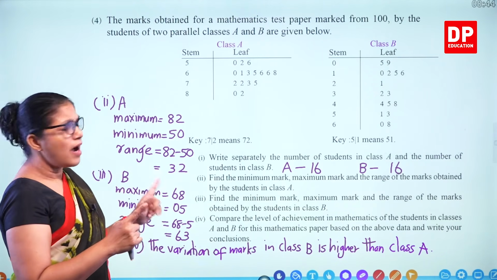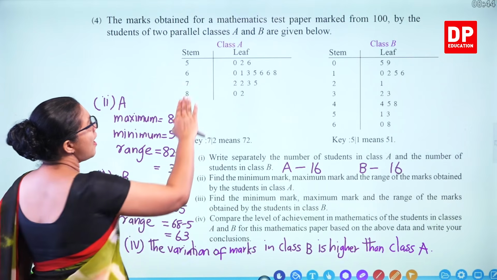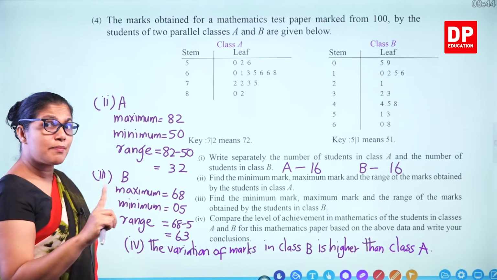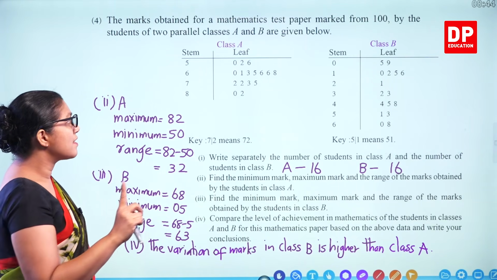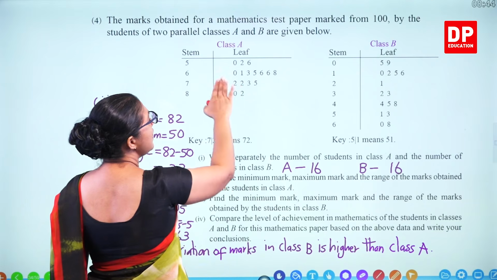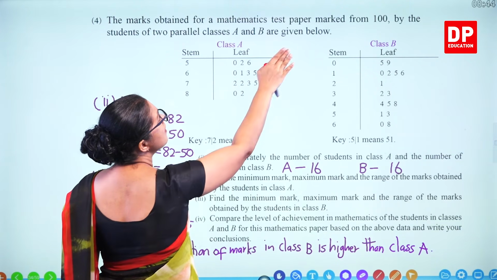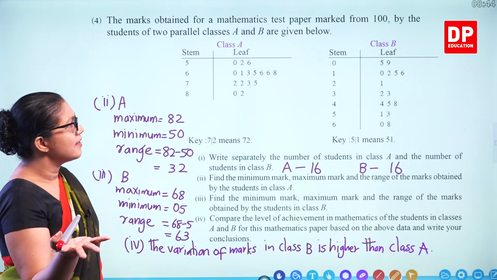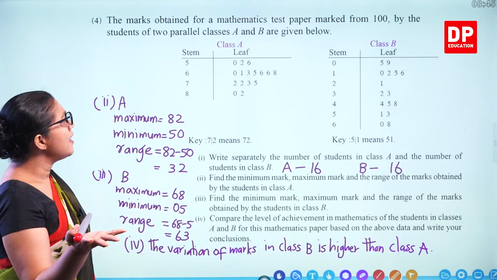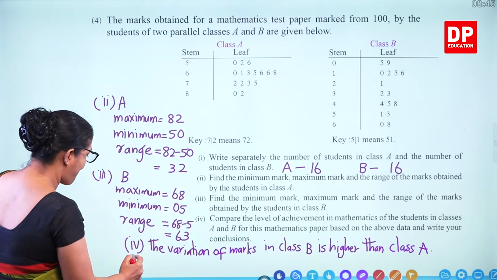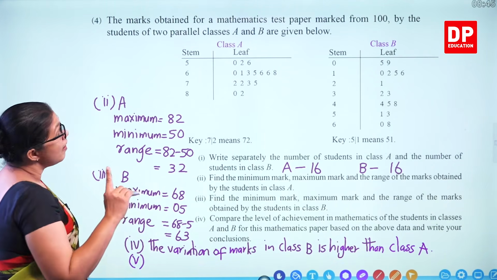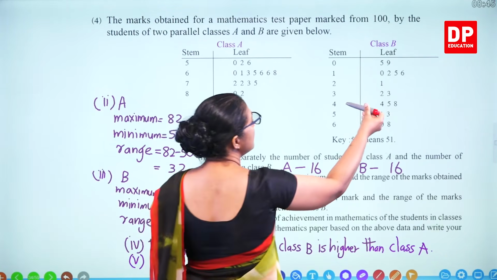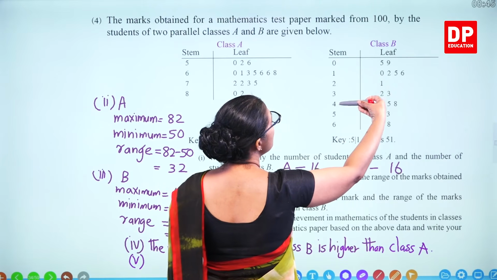But when you look at the marks, we can see in this class the lowest mark is 50. So good students are there. So mostly the marks that the class A students got are higher than class B. Also when you look at the marks, 50 is the pass mark, but there are failures here, below 30, below 40.